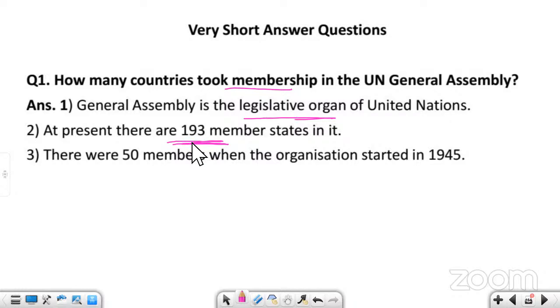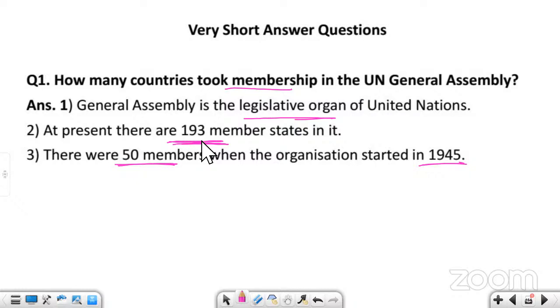This organization was started in 1945 after the failure of the League of Nations. It was started with 50 members. Now at present, it has got 193 member states.